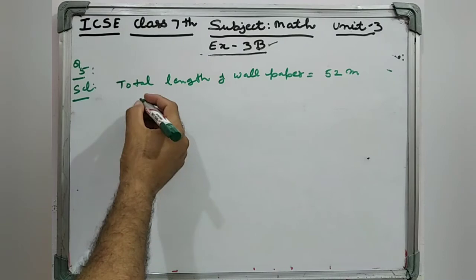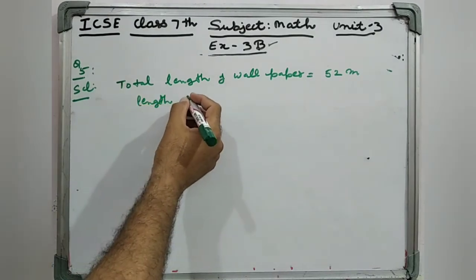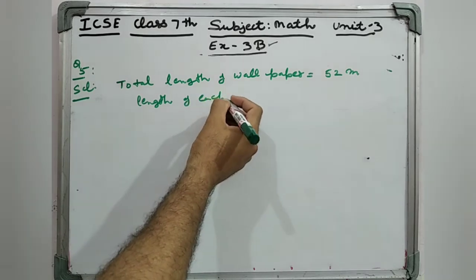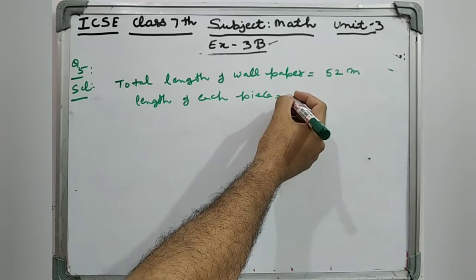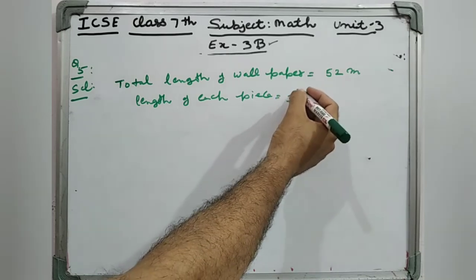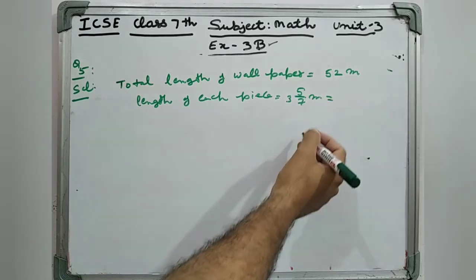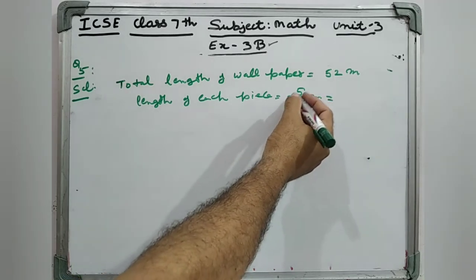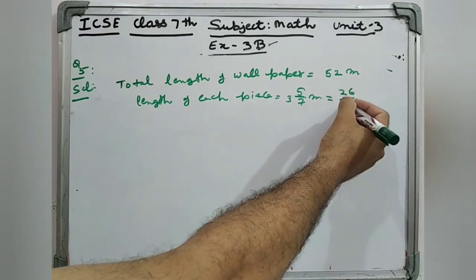Now the length of each piece is equal to 3 5 by 7 meter, right? 7 threes are 21 plus 5, 26 by 7 meter.